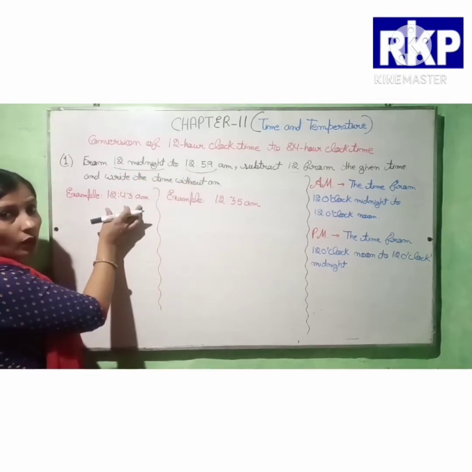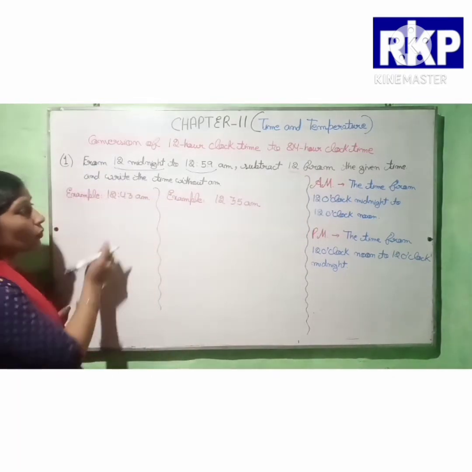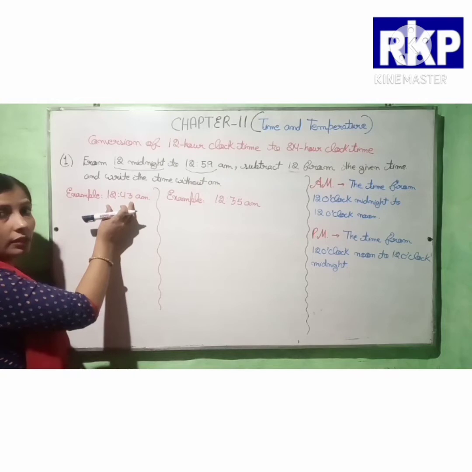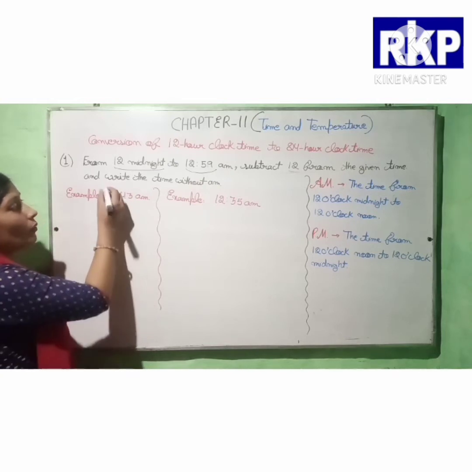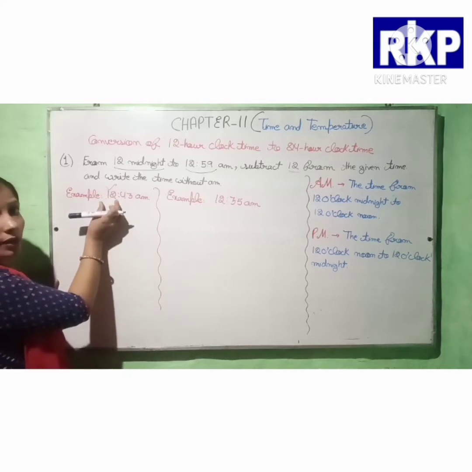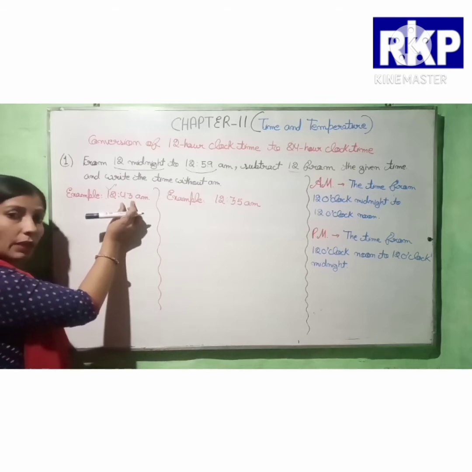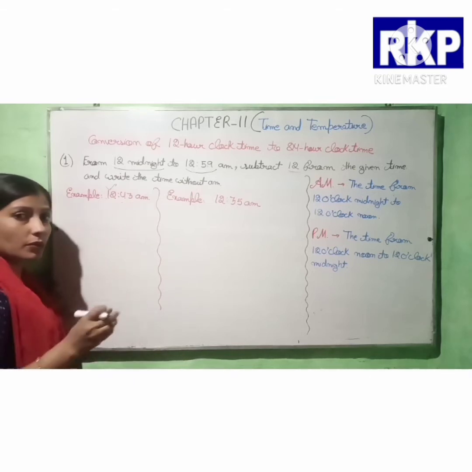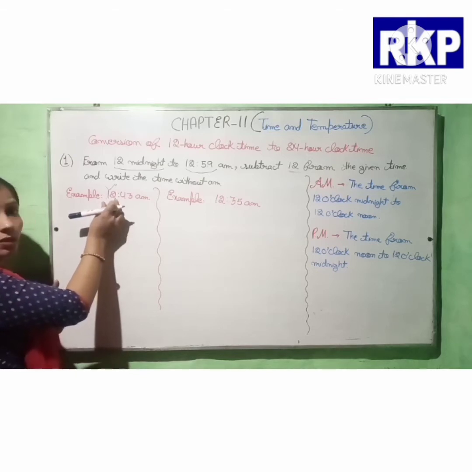So we have to subtract 12 from 12:43 am. But we have to subtract 12 from this part, because this part shows hours and this part shows minutes.